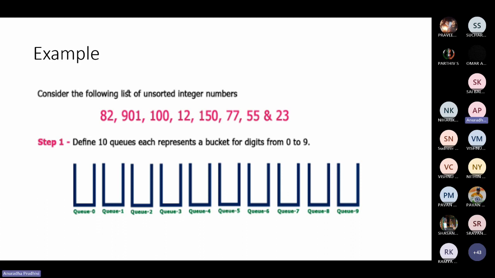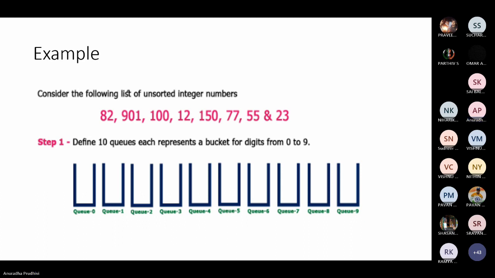Next 0 is 150, right? So 150. Based on the least significant digit, we are sorting the list. We are not storing in the queue, we are just sorting the list, based on the least significant digit.